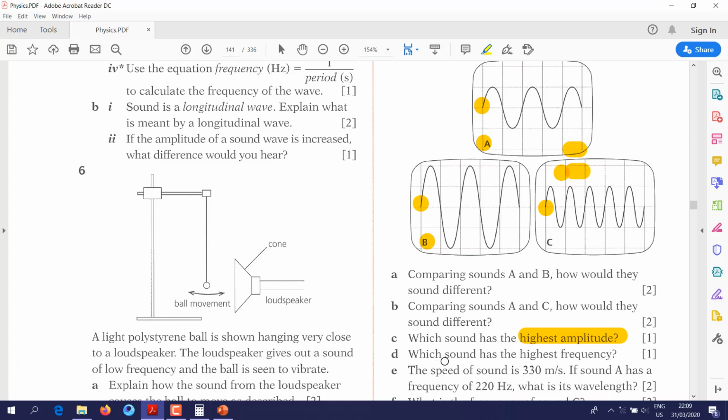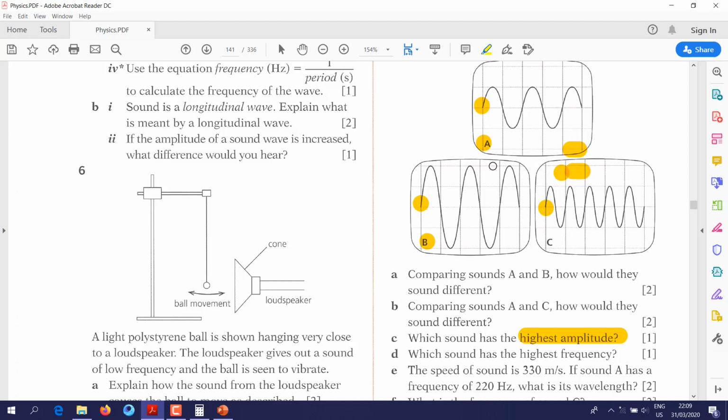D. Which sound has the highest frequency? By the way, this oscilloscope is showing the number of waves in 1 second. So here what do we have? How many waves? From here to here it's 1, 2.